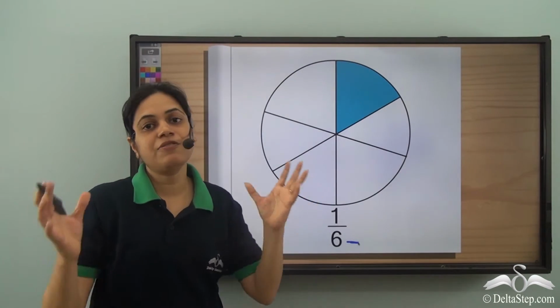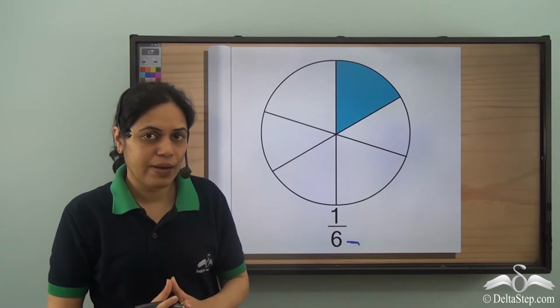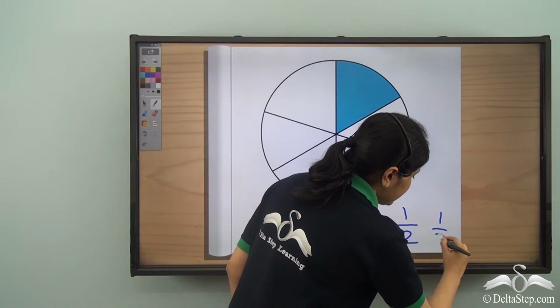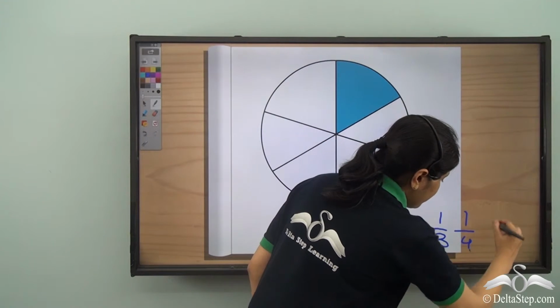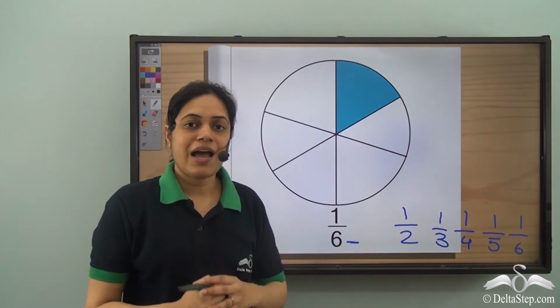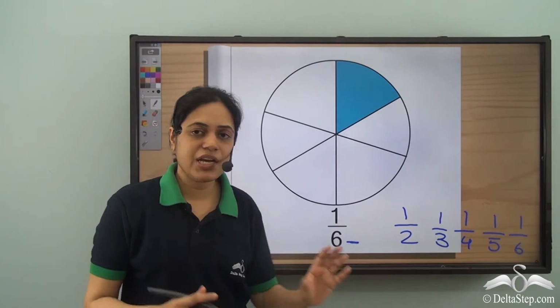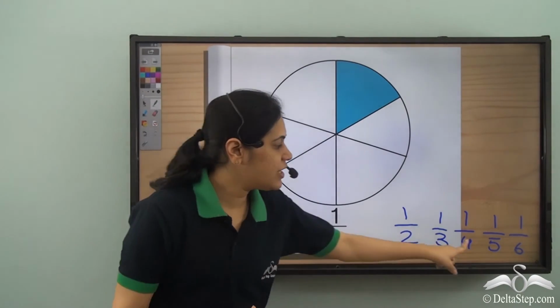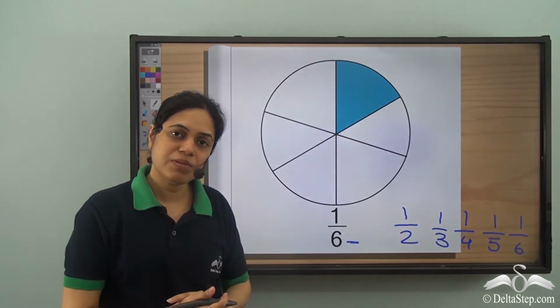And if I consider one part out of the total number of parts, that is half, 1 by 3, 1 by 4, 1 by 5, 1 by 6, I see that the shaded area is decreasing. It is going on decreasing as I increase the total number of parts.